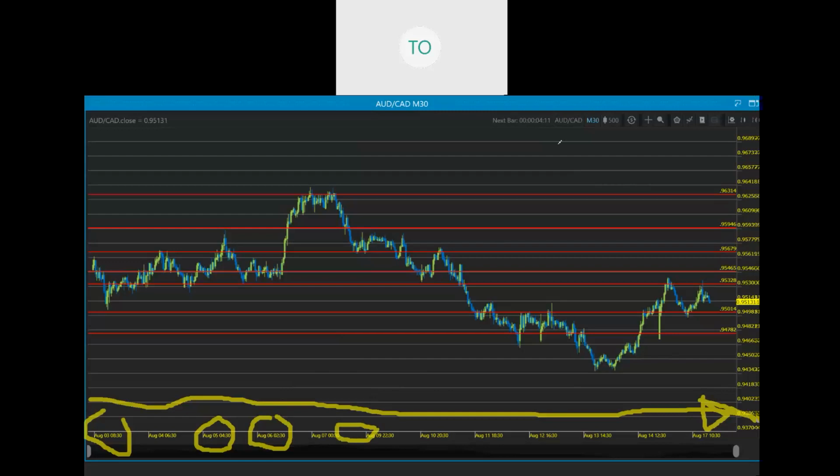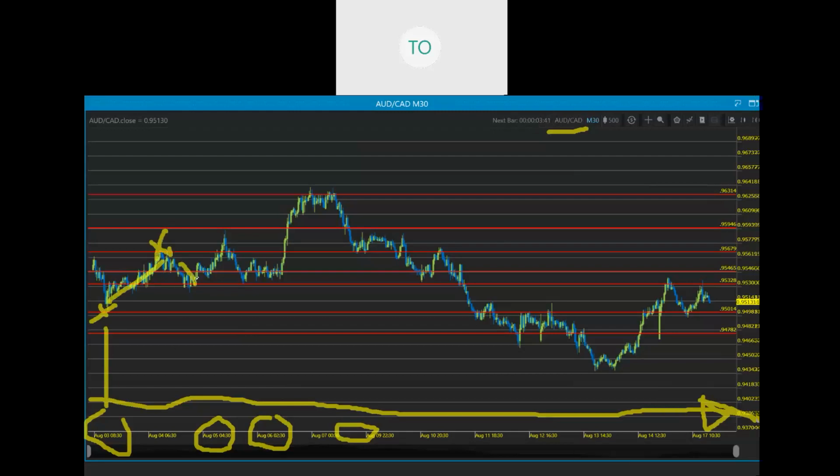You pick any pair, like in this case, I've picked the Australian dollar and Canadian dollar. So the y-axis here gives the ratio of Australian dollar to Canadian dollar, and how that ratio has changed with time. We can see that the ratio was somewhere here at a certain time x, and then it jumped to a point there at a certain time.